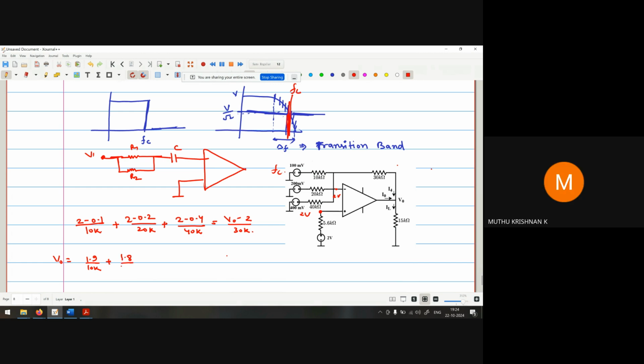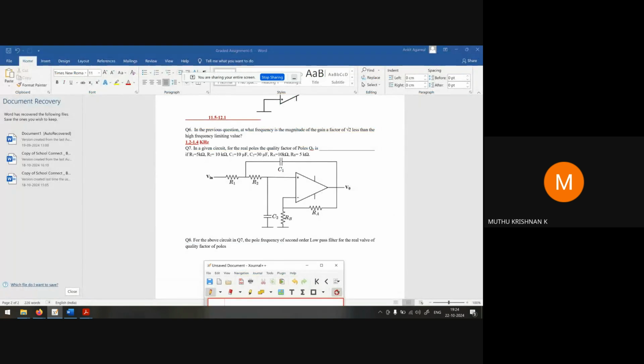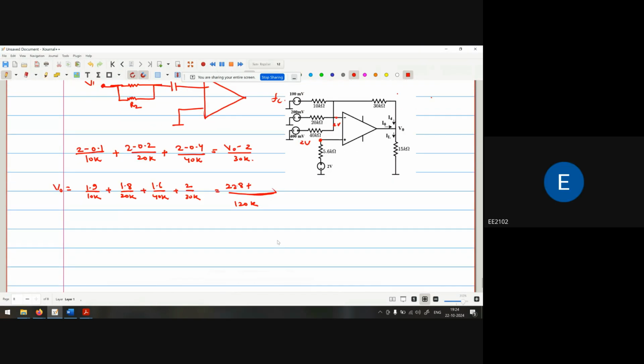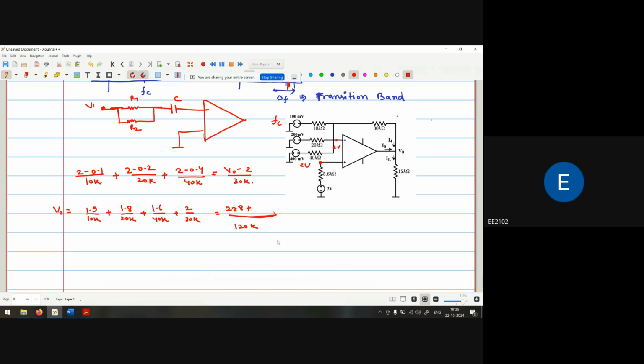We can make it 120K. So 22 by 8 plus 10.8 plus 4.8 plus 8.